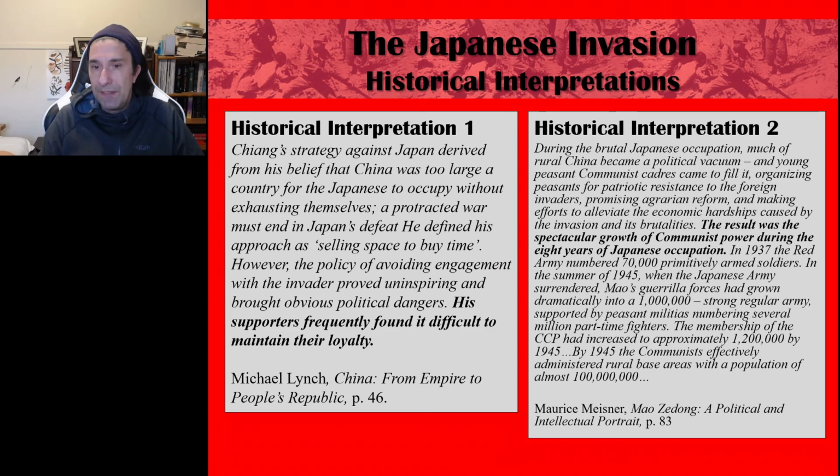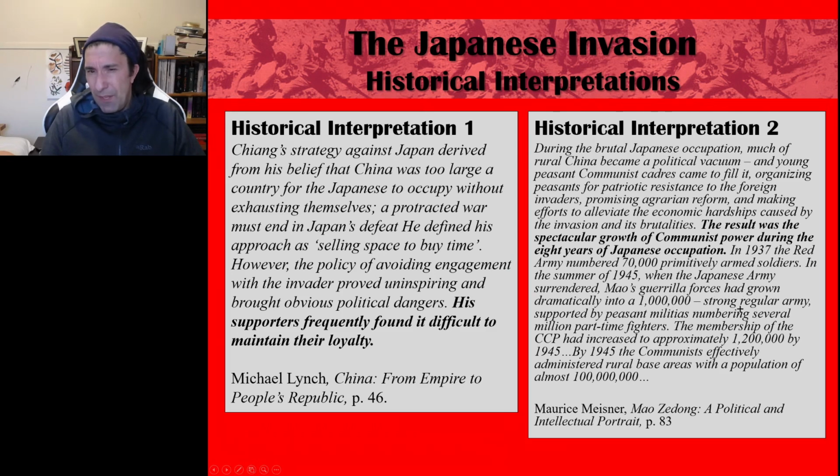The membership of the CCP had increased to approximately 1,200,000 by 1945. By 1945, the communists effectively administered rural base areas with a population of almost 100 million people. So by 1945, the communists were governing a population larger than Australia's now.